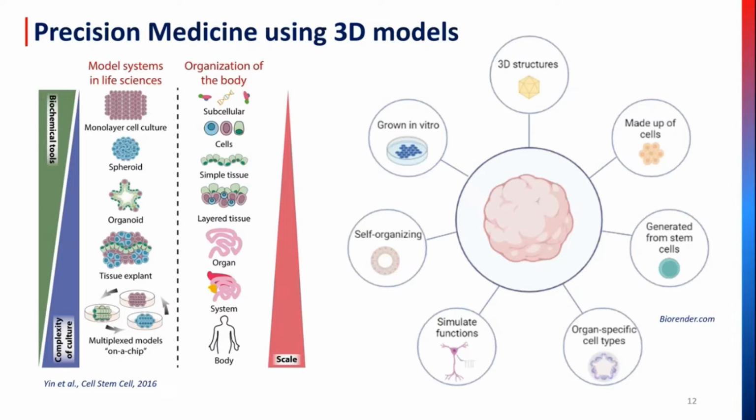And in this regard, organoids appeared as newer and more complex models to study diseases. What are organoids? Organoids are three-dimensional, self-assembled cellular structures which are generated from stem cells, which mimic the structure and functions of the organs they model.